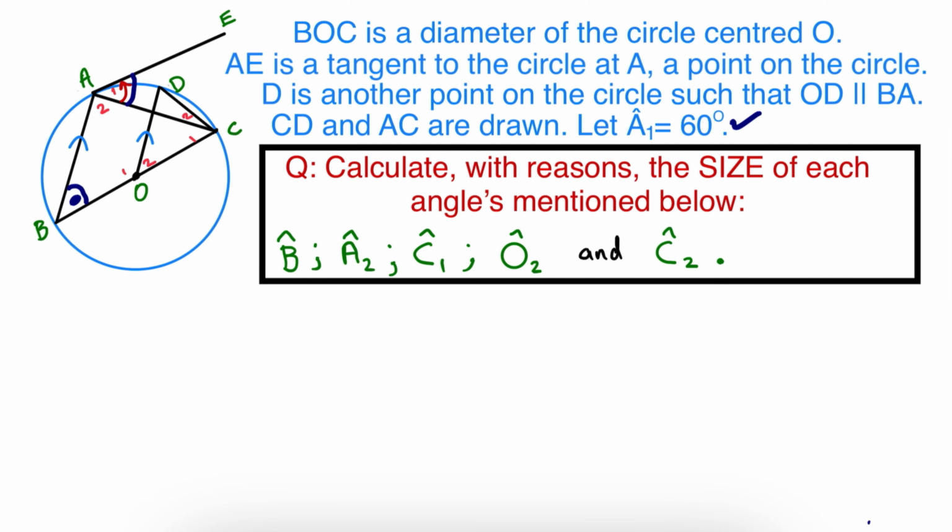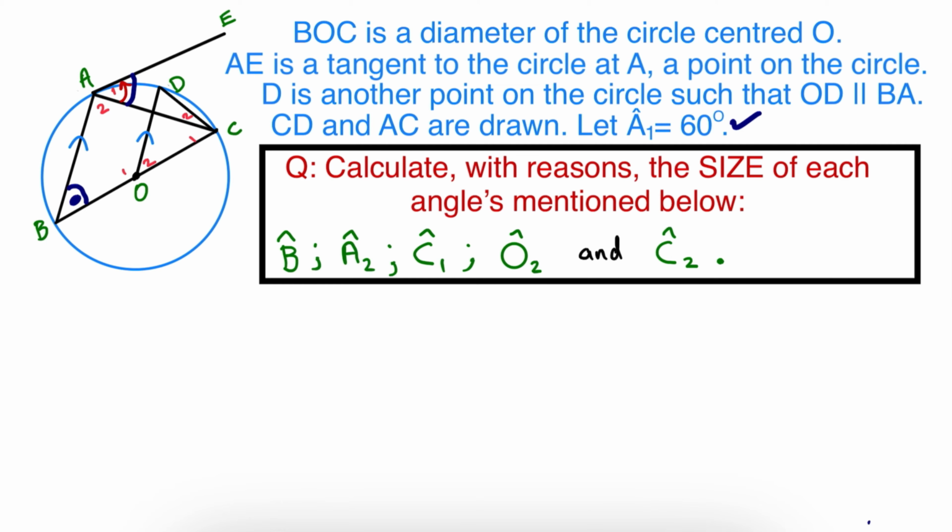And that chord AC subtends B. So an angle made by a tangent and a chord will be equal to an angle inside the circle that is subtended by the same chord that was making that other angle, okay? So we can tell that B is subtended by chord AC, and AC works with AE to make A1. Therefore, A1 will be equal to B.